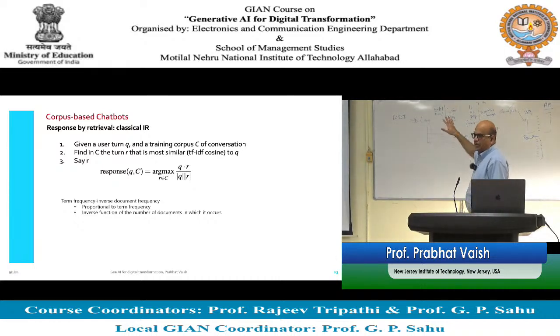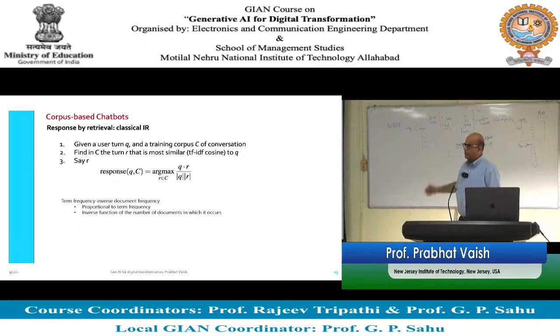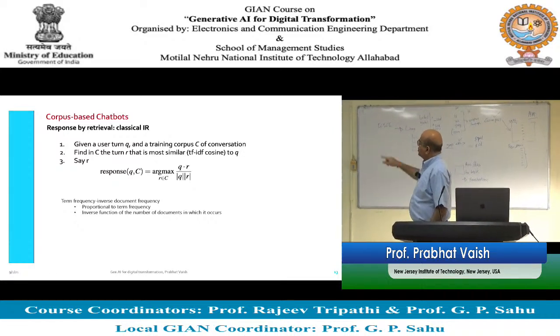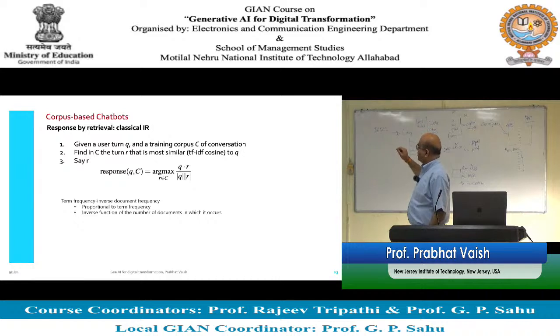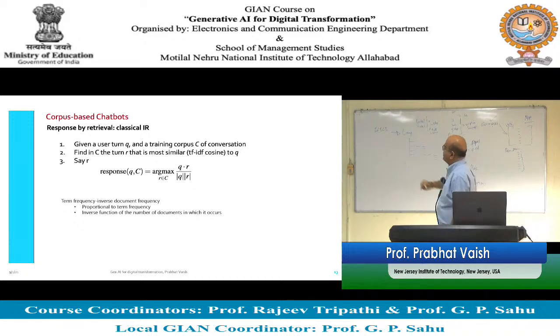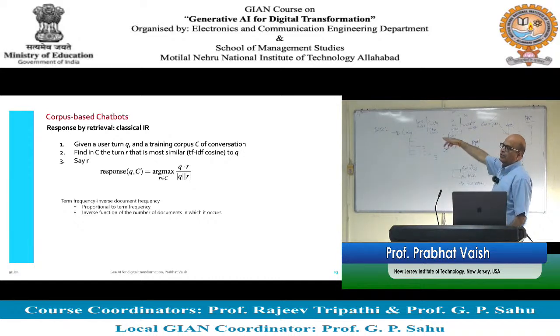User gives you a term or a query, whenever it is the user's turn, and you have a lot of this data, let's call it C, which is a corpus of conversation. What you're trying to do is to find an R, a next term or sentence, which is very similar to Q. That's what you're doing. Here I used the grep command to do it. Now you are saying that I learned everything that was in here.